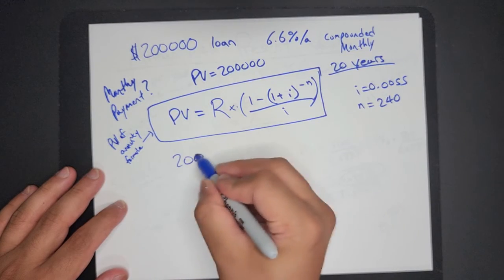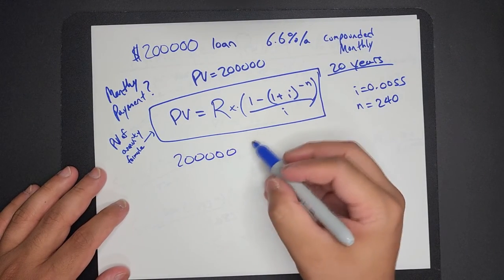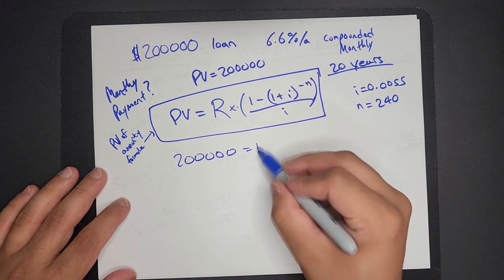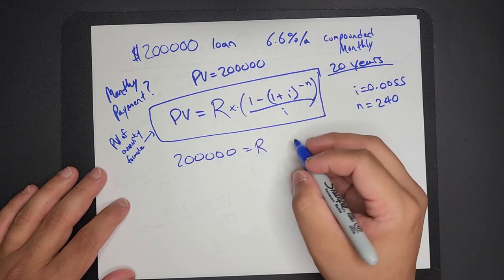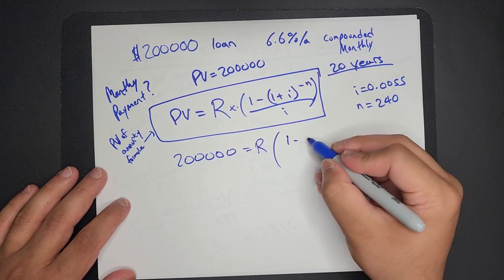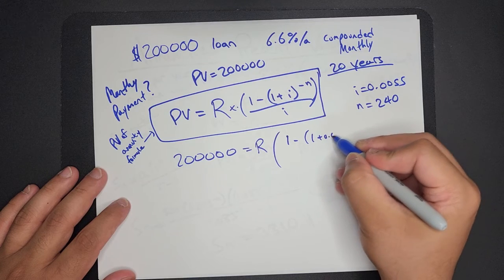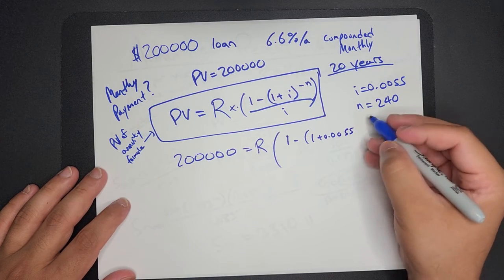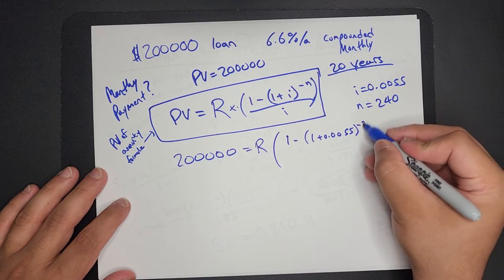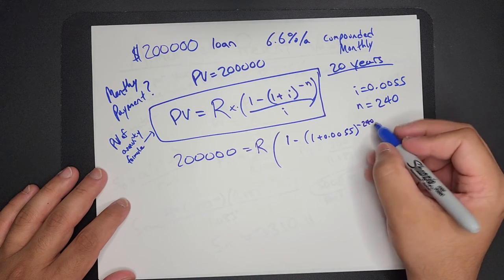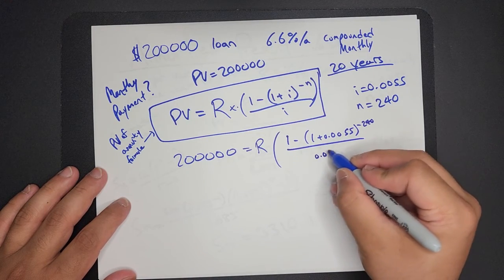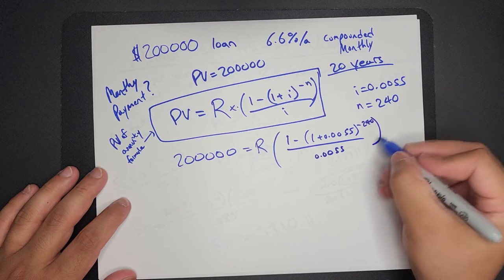So if you were to write this out, we have R, which we're trying to find out. And then in here we have 1 minus 1 plus 0.0055 to the power of negative 240, over 0.0055.